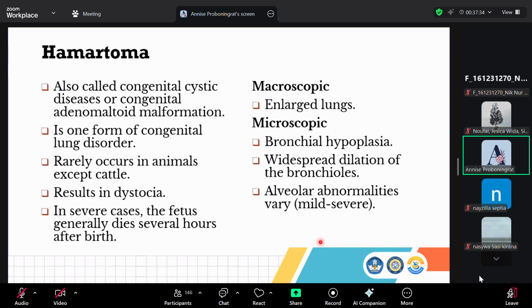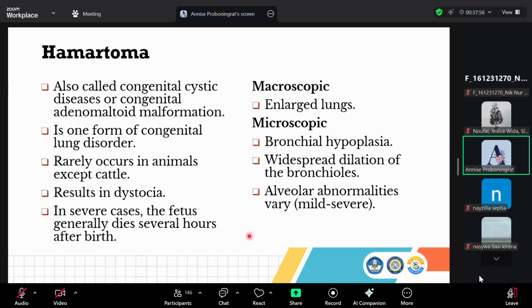Dystocia is difficulty giving birth to a newborn baby or newborn calf. In severe cases, the fetus generally dies several hours after birth.